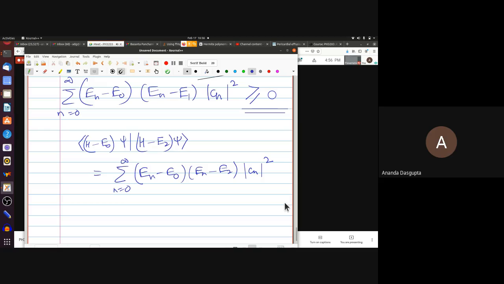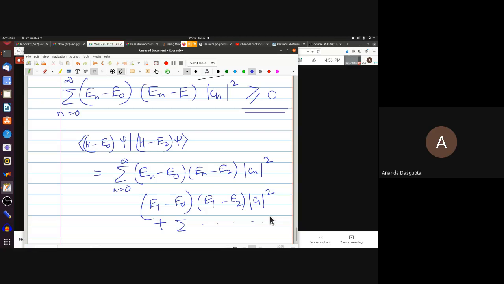The point is, there's only one possible term here which will give you a negative contribution. Which is that? The n equal to 1 term, (E1 minus E0) into (E1 minus E2) times |C1|², plus higher terms for higher n.